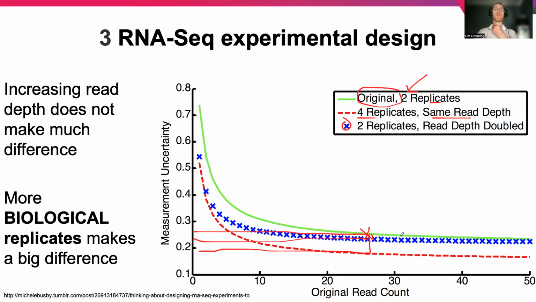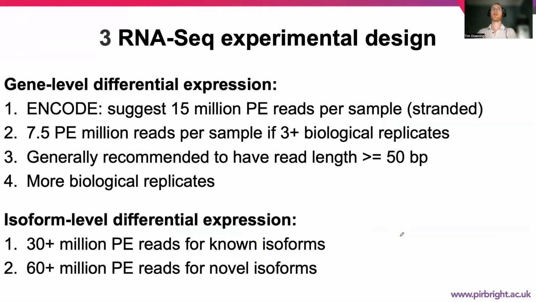So then to look at gene level differential expression, the ENCODE experiments suggest that we need at least 50 million paired reads per sample, and these would be stranded. If we have at least 3 biological replicates, then we can get away with 7.5 million paired reads.